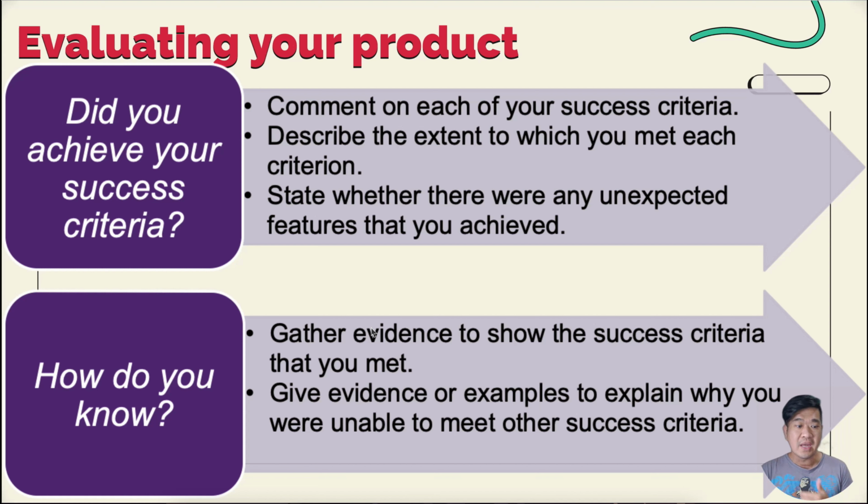You have to state all of them. And then here, how do you know? So you have to gather evidence to show the success criteria. Make sure that you have evidence, and also for the things that are unable to meet the success criteria.